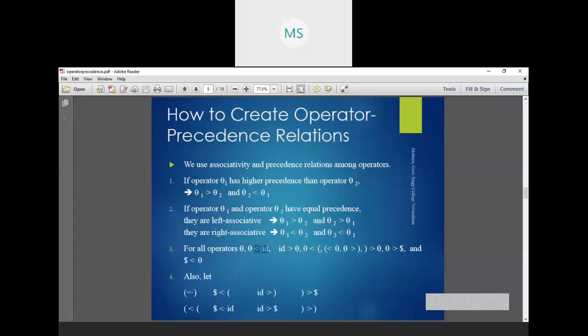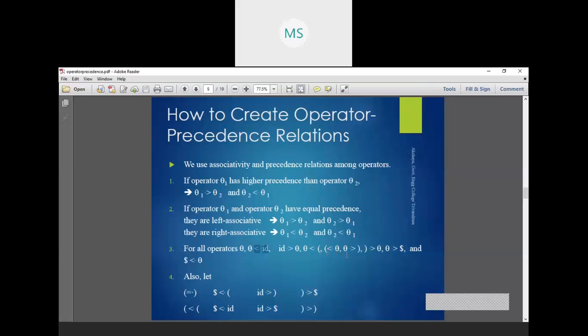Then compared to an identifier, the open parenthesis has the highest precedence, and open parenthesis with ID too. Wherever open is with ID, the inner value of the bracket has to be computed first, so open with ID has the highest precedence.